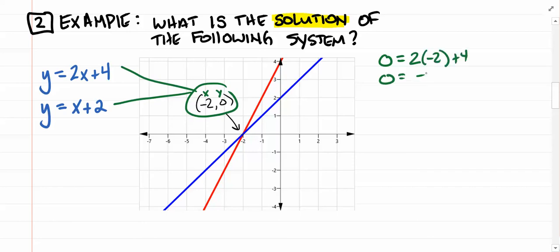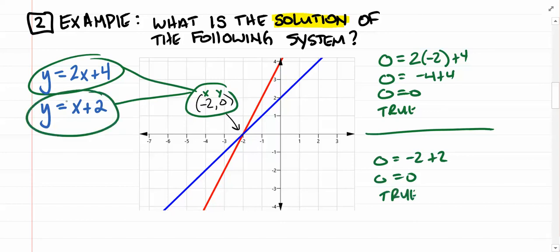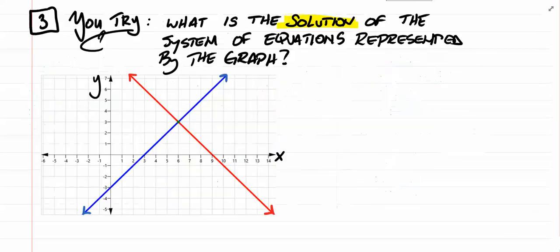Does 0 equal -4 plus 4? Yeah, it sure does. 0 equals 0. So that makes it true for my first equation. Let's check the second equation. Is it true that 0 is equal to -2 plus 2? Does 0 equal 0? Yes, that's also true for the second equation. So since the ordered pair is true for both equations, it must be a solution.